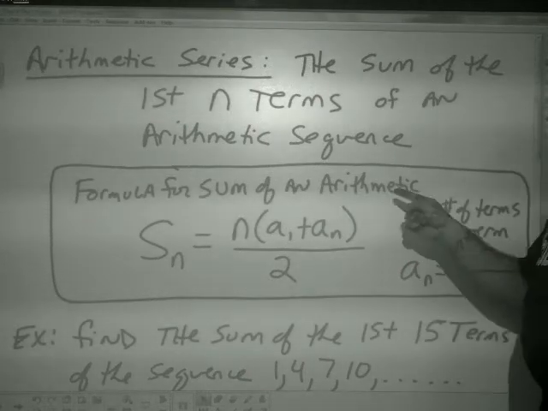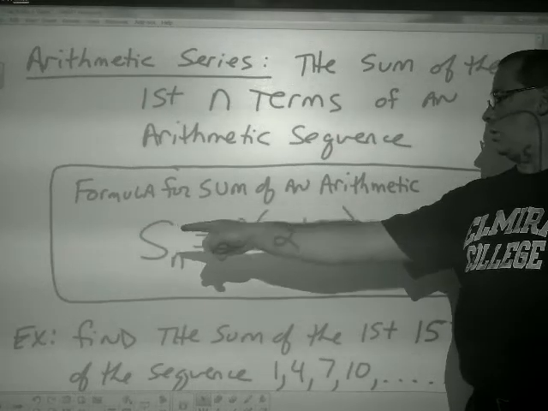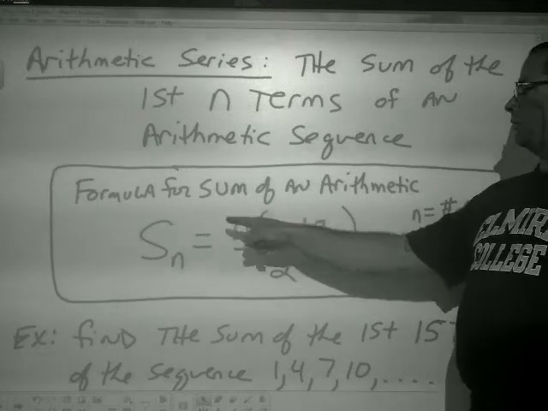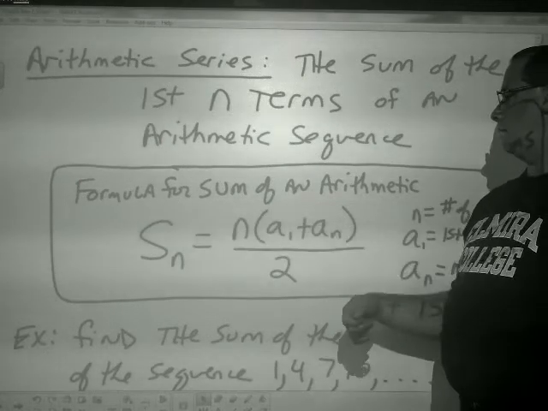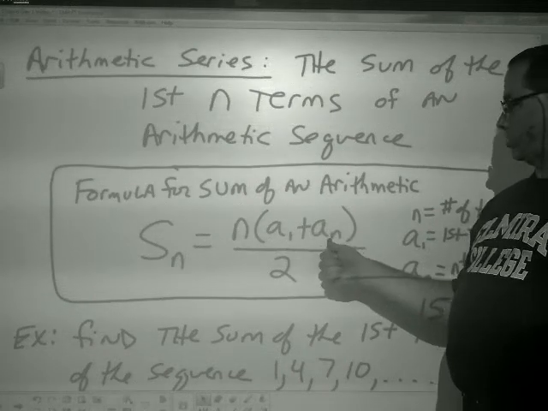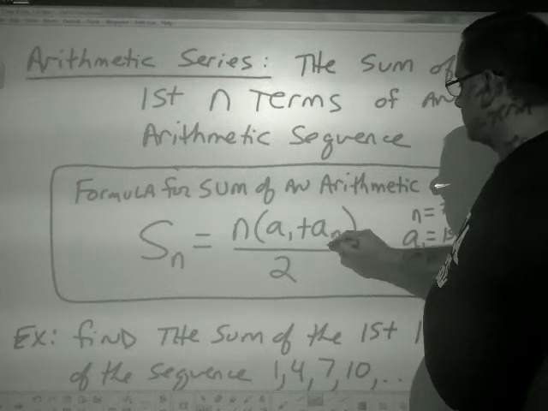So, this formula is given to you on the formula reference sheet. The sum of an arithmetic series for n terms is the number of terms that you have. Then you're going to take the first term plus the last term.